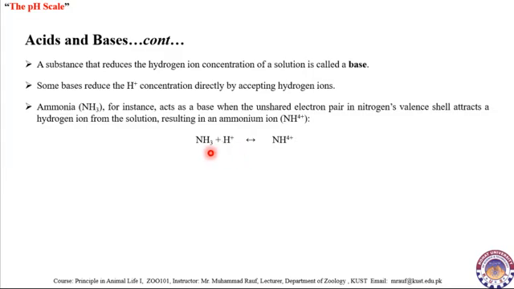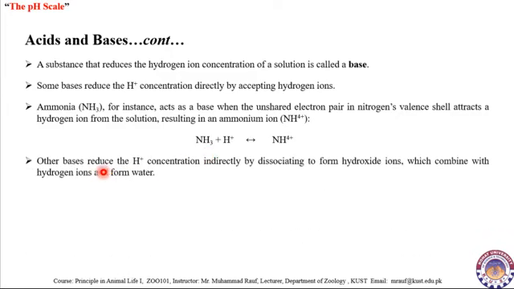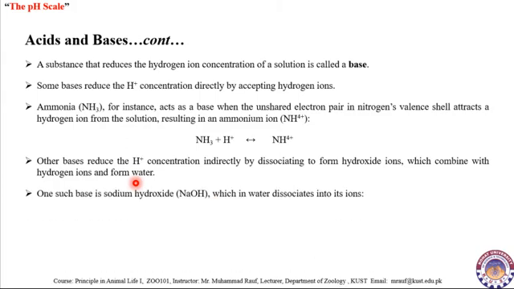So ammonia is a weak base. Other bases reduce the hydrogen ion concentration indirectly by dissociating to form hydroxide ions, which combine with hydrogen ions and form water. So this was a direct decrease in the population of hydrogen ions.